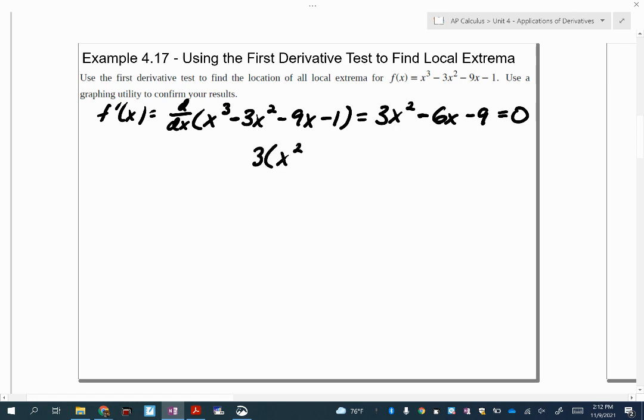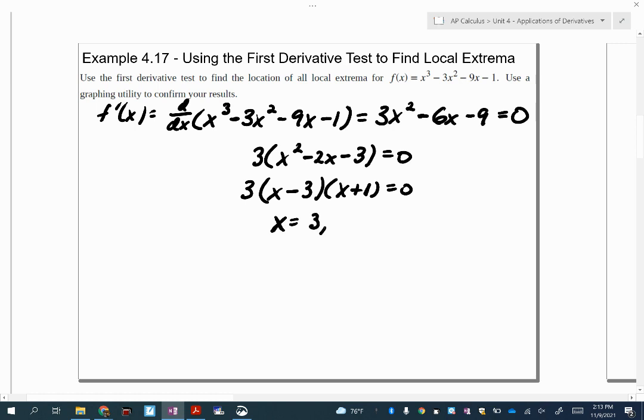That leaves me with x squared minus 2x minus 3. Now I'm going to factor, and I get x minus 3 and x plus 1. So my 2 critical points for this function are positive 3 and negative 1. That's the first step to using this first derivative test.